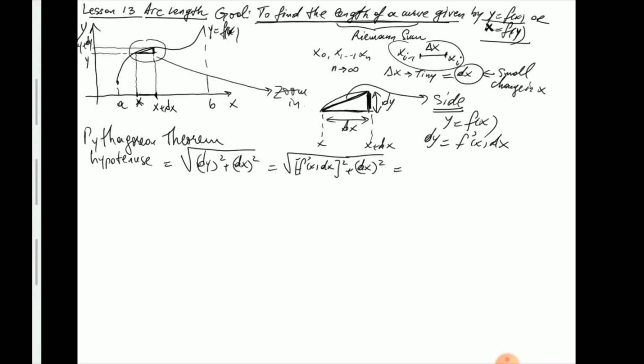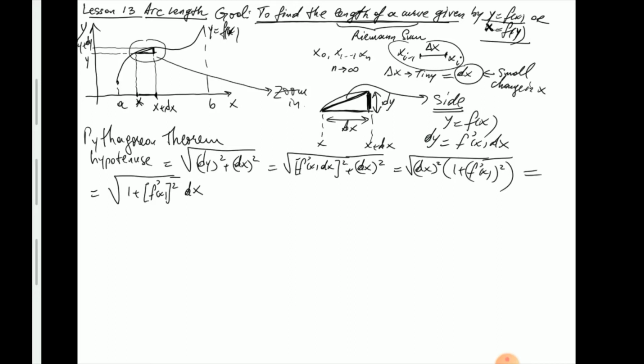And if I pull out dx squared, I'm going to end up with 1 plus f prime of x squared. And I can move dx outside the radical, and you end up with 1 plus f prime of x squared under the radical with dx on the outside.